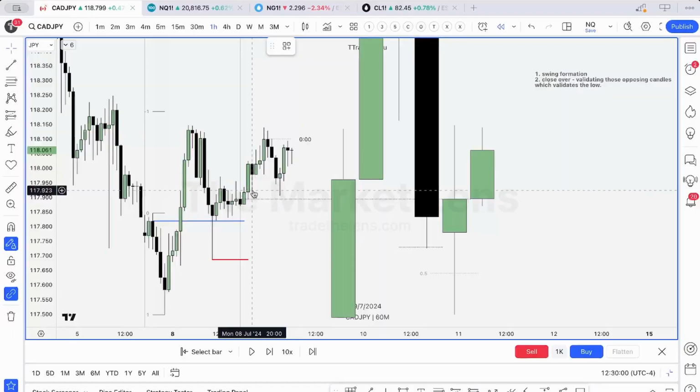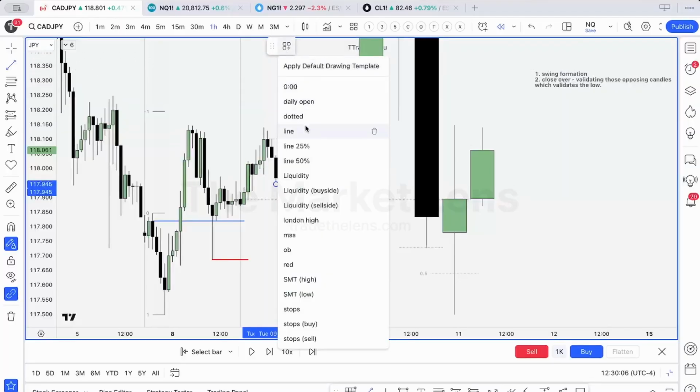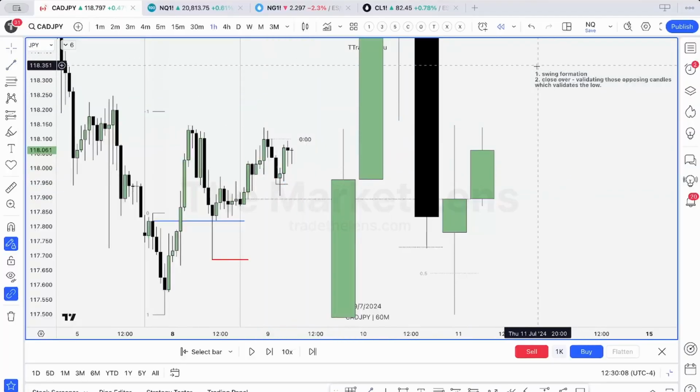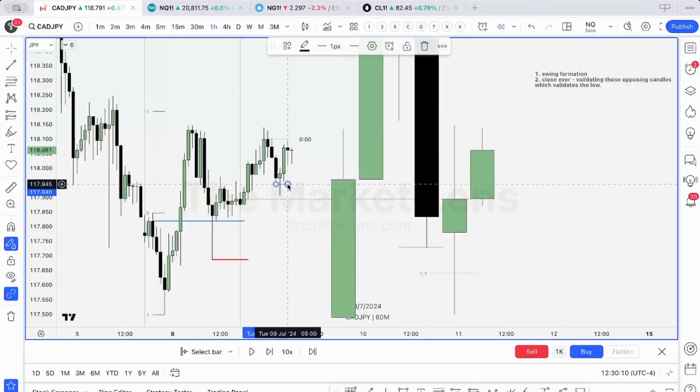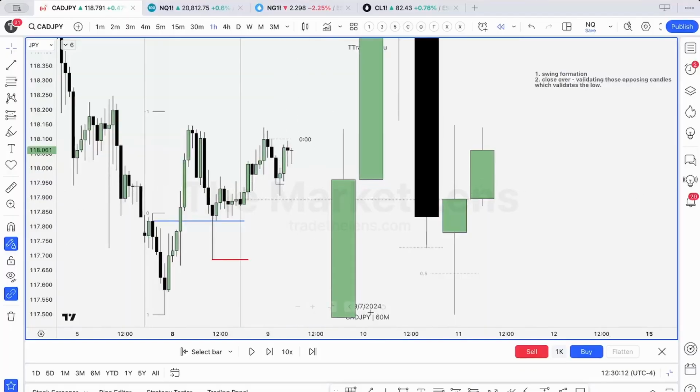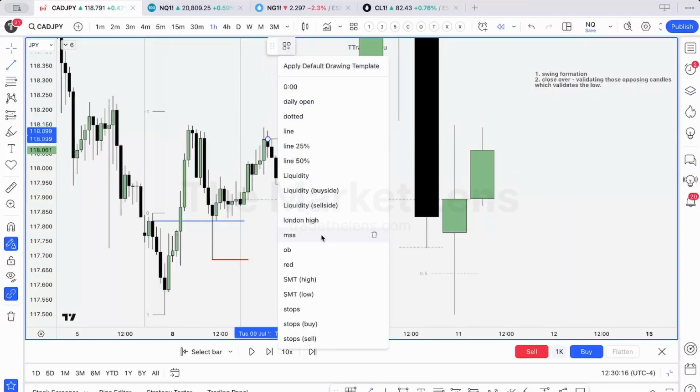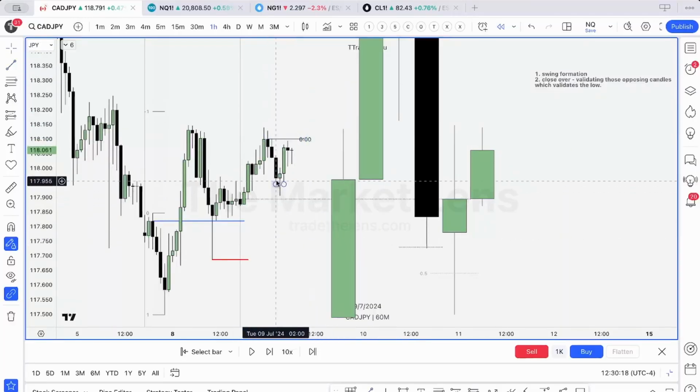And then also this lower time frame low. But we have a candle 2 closure there, right? So the swing formation is occurring. Now, if we're going to confirm this low, where do we have to close over? Right here, right? Validating this low and these opposing candles.